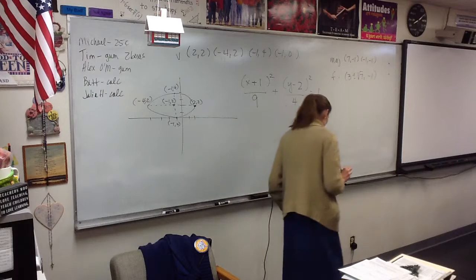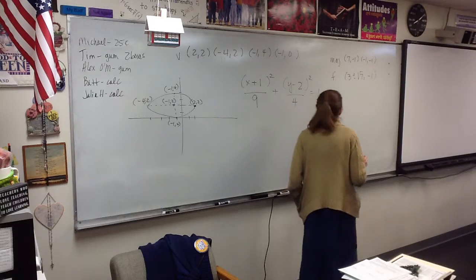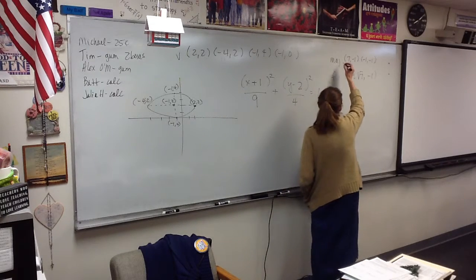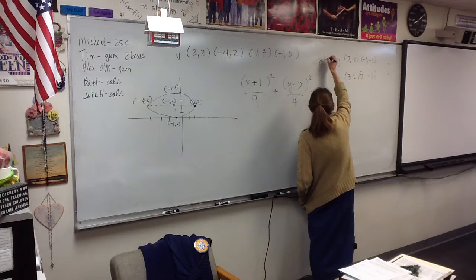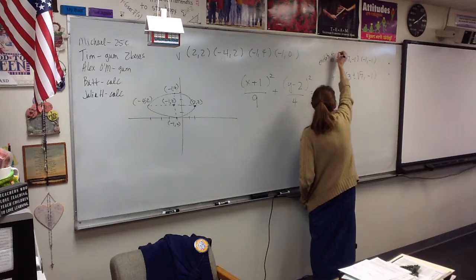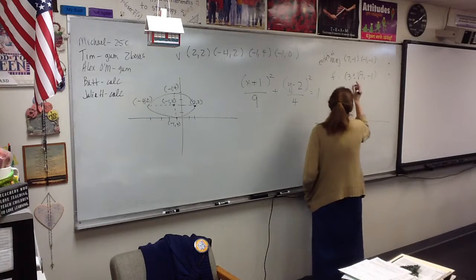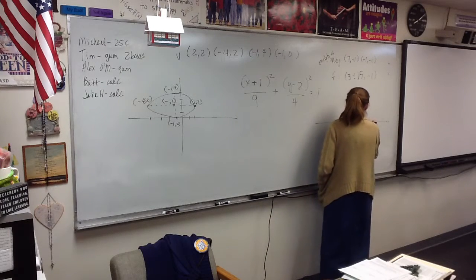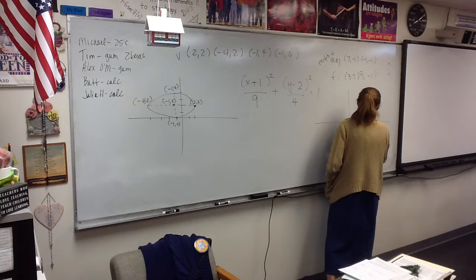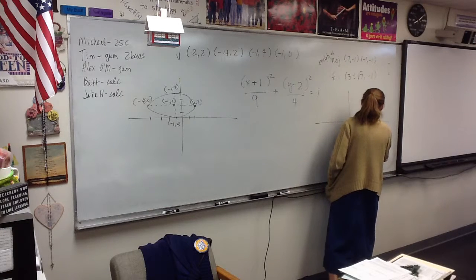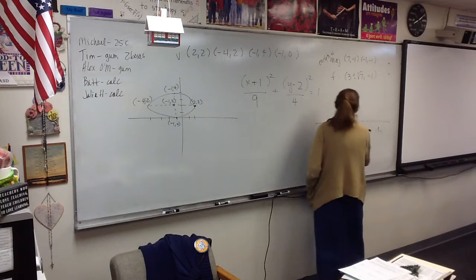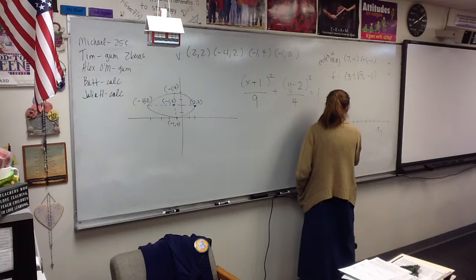What's going on here? Well, these are the endpoints of the major axis. So these would be vertices. The endpoints of the major axis.